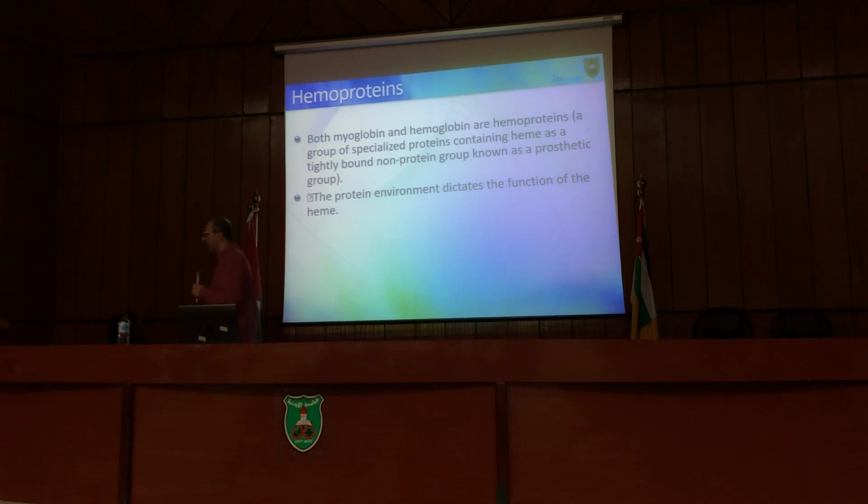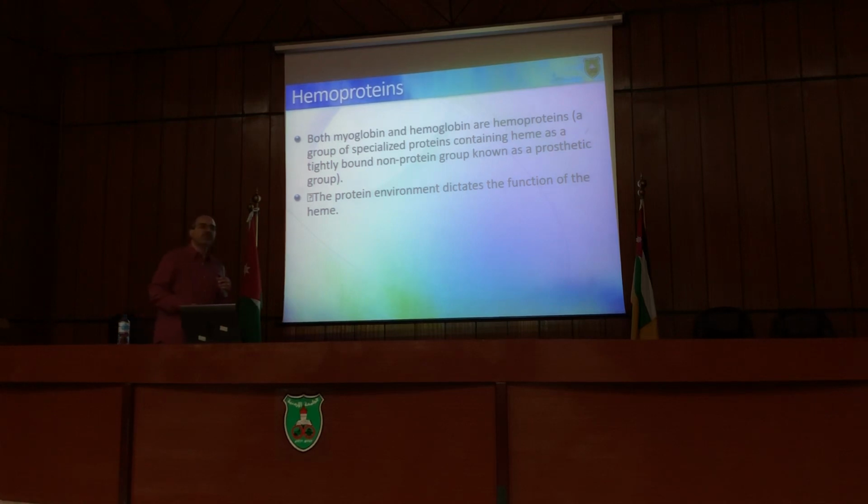Now, hemoglobin and myoglobin, both of them belong to a group of proteins known as hemoproteins. That is, proteins that are bound to a heme group. And this heme is bound to these proteins covalently. And heme is known as a prosthetic group.